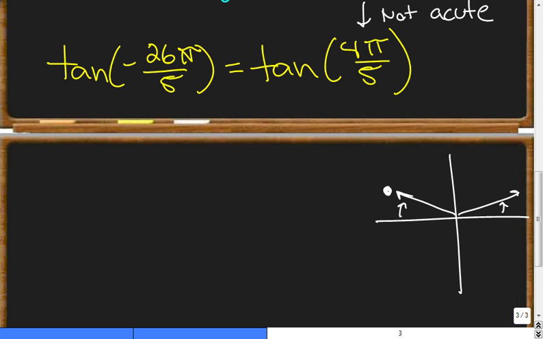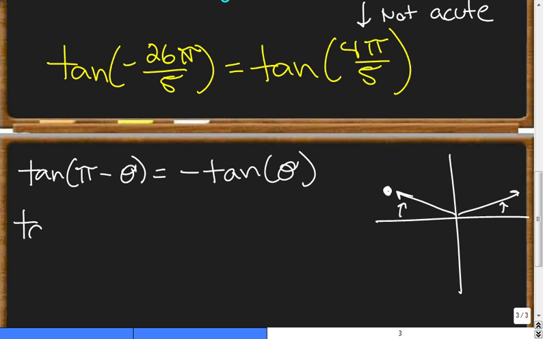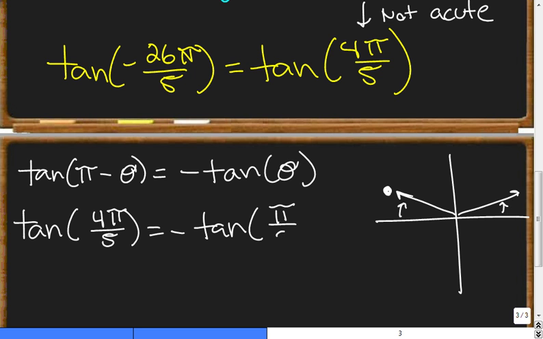I do know that the tangent of pi minus theta is the opposite of the tangent of theta. So the tangent of 4 pi over 5 would be the opposite of the tangent of what? Well, pi minus what angle makes 4 pi over 5? That would be pi over 5.